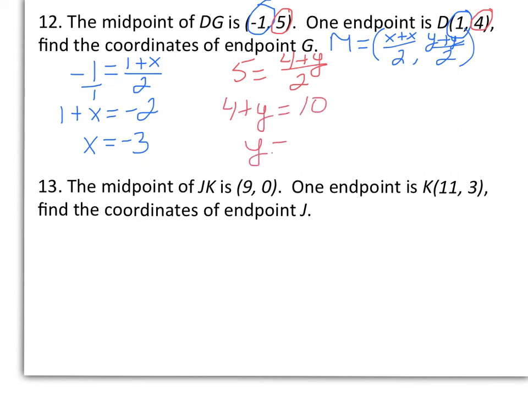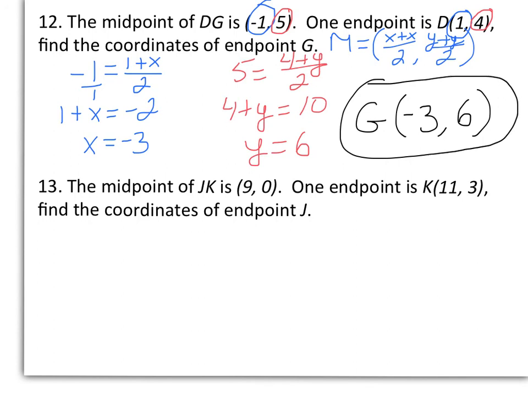Subtract 4, and y is 6. So that means that G has coordinates negative 3, 6. Same idea in 13. If you want to hit pause and try 13 on your own and then check your answer, it might not be a bad idea.